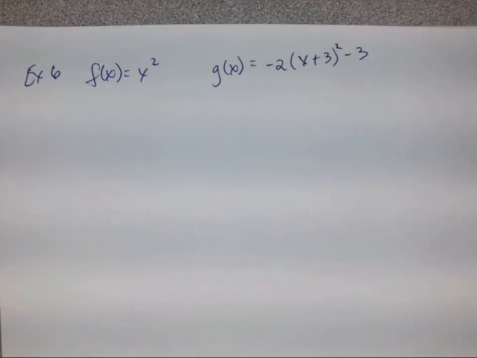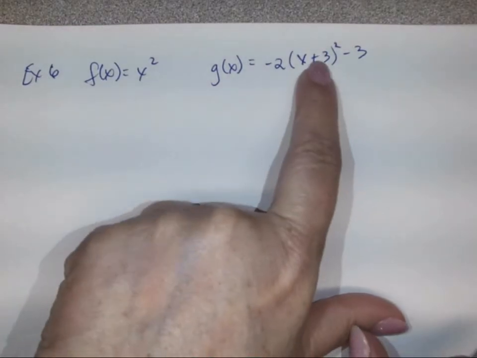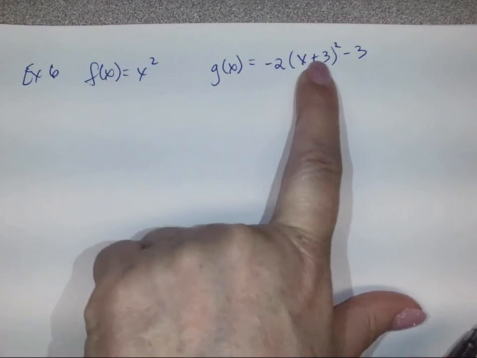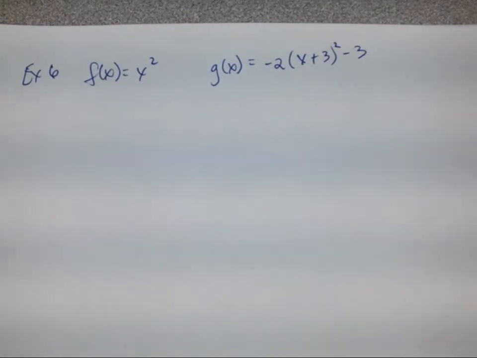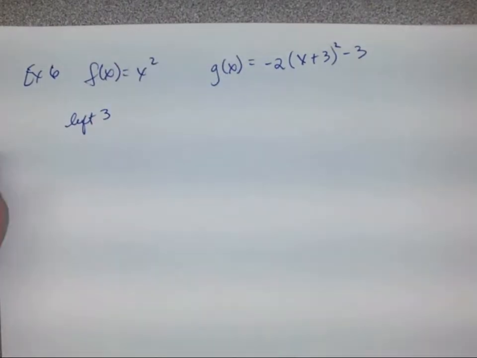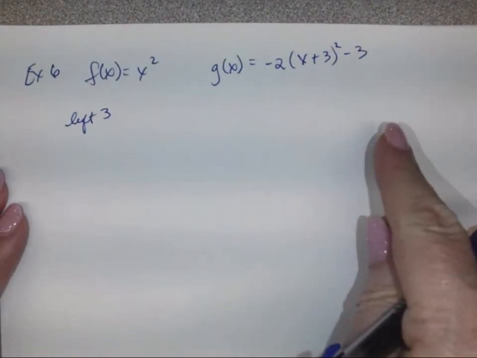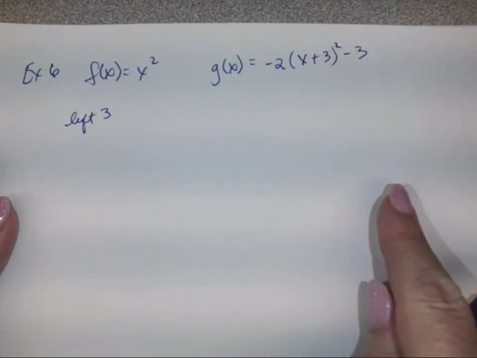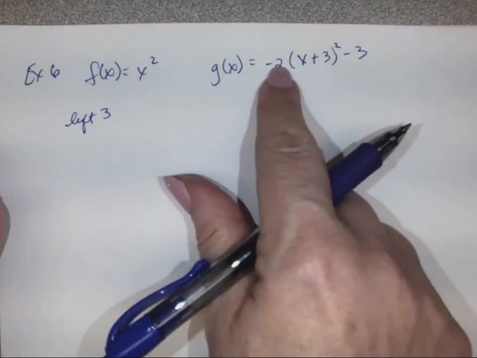So for this, we're going to look at all the things we should start with. First of all, let's look at the horizontal. So the horizontal part is going to tell us that we are going to go left 3. And the vertical, or this part, let's do this part here.